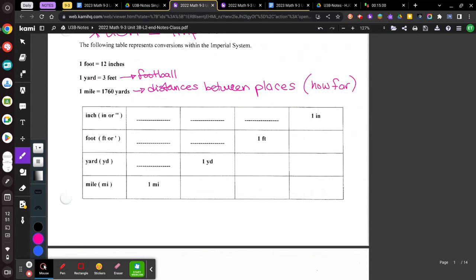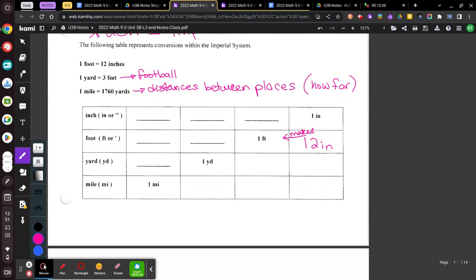Okay, so an inch. How many inches in a foot? It takes 12 inches to make 1 foot. So basically you're reading it from the bottom right to the left. So we're saying 12 inches makes 1 foot.